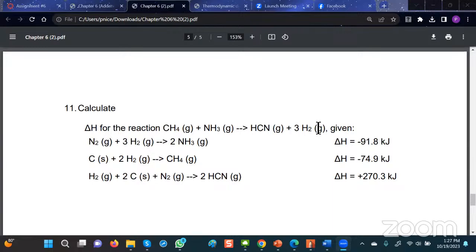Yeah, you want to have half N2, 3/2 H2, and NH3, right? And then you have to divide that by 2 as well.